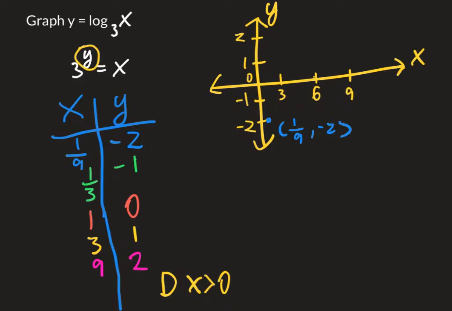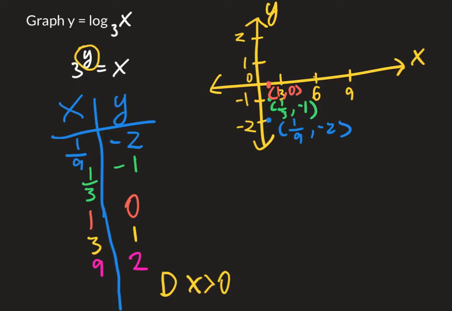Next, we have y equals -1 and x equals 1/3. A little bit to the right, 1/3, -1. And when y equals 0, we have x equals 1. There we go. X is 1, 0.